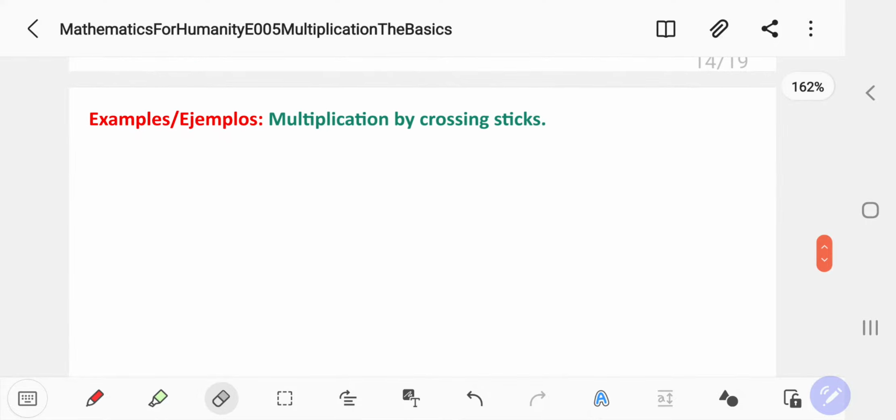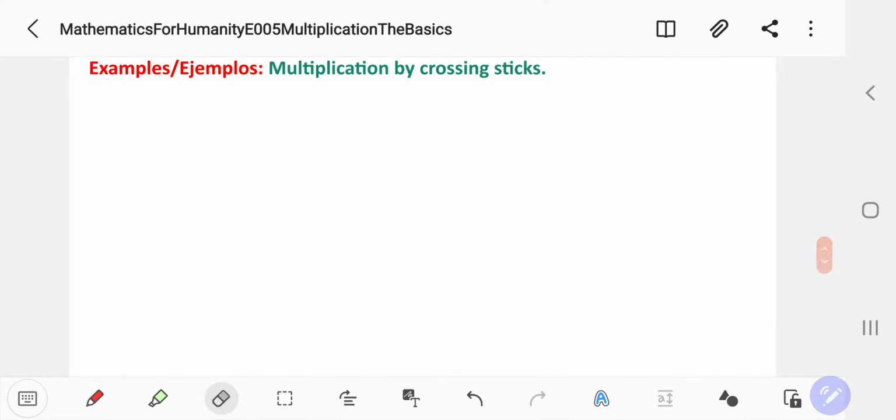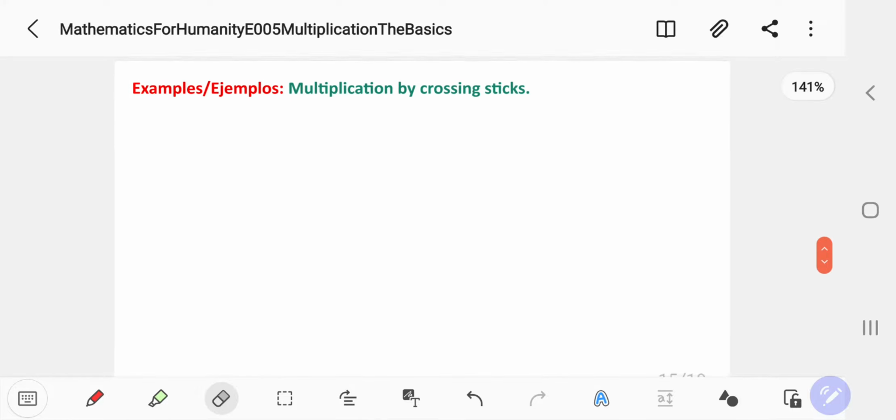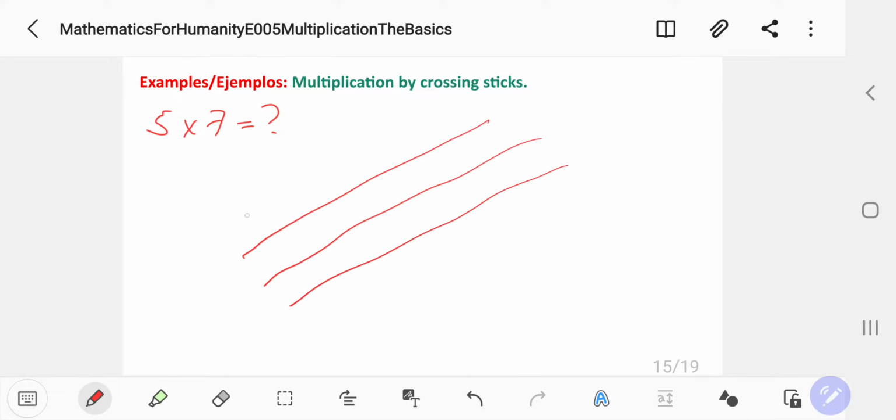Let's proceed to this one, multiplication by crossing sticks. This is a little tricky, but it's not that difficult. For example, we have 5 times 7. What is this? We can draw sticks. So we can draw 5 sticks: 1, 2, 3, 4, 5.